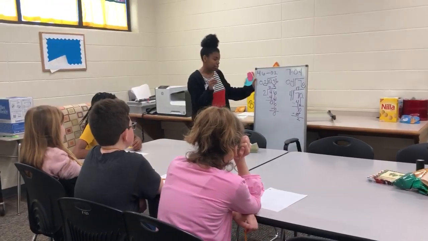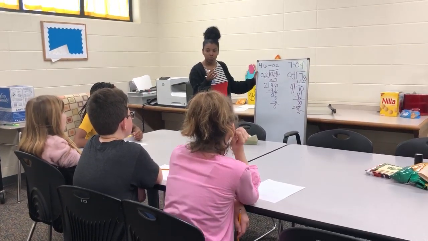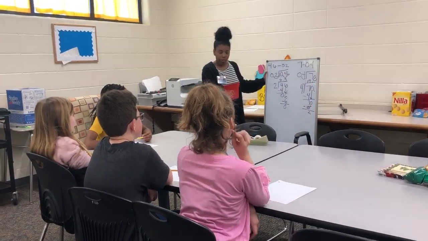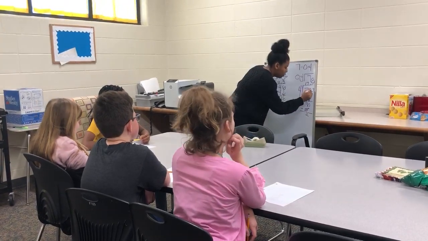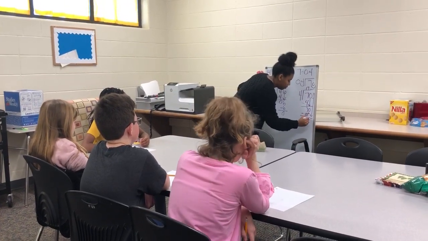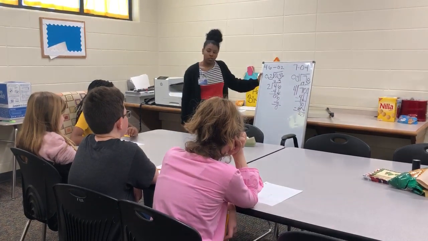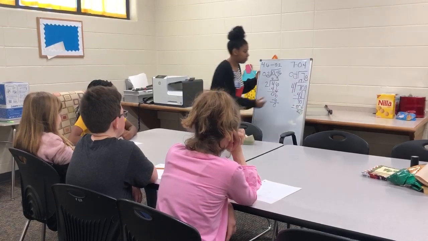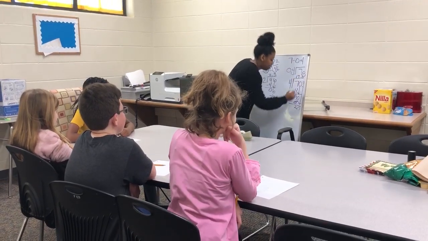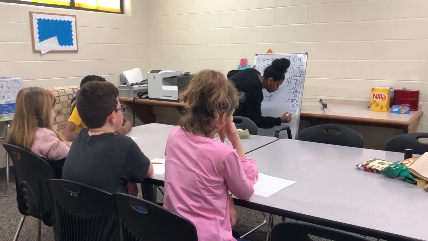We have to make it 0, so we have to add another 0 and then drop the 0 down. All right, and 4 times what gives us 20? 5. So that is our answer.